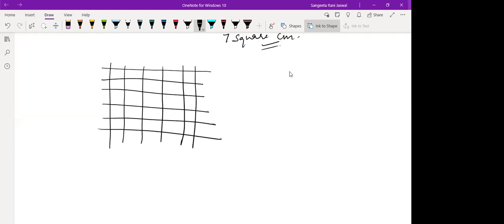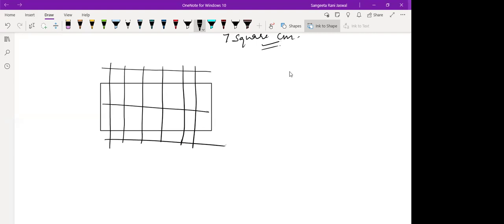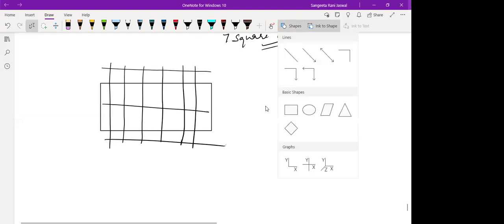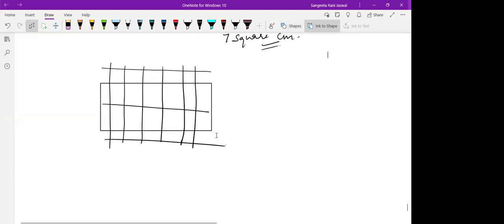Just count this one box as one square. Okay, let's ignore this and make another square.